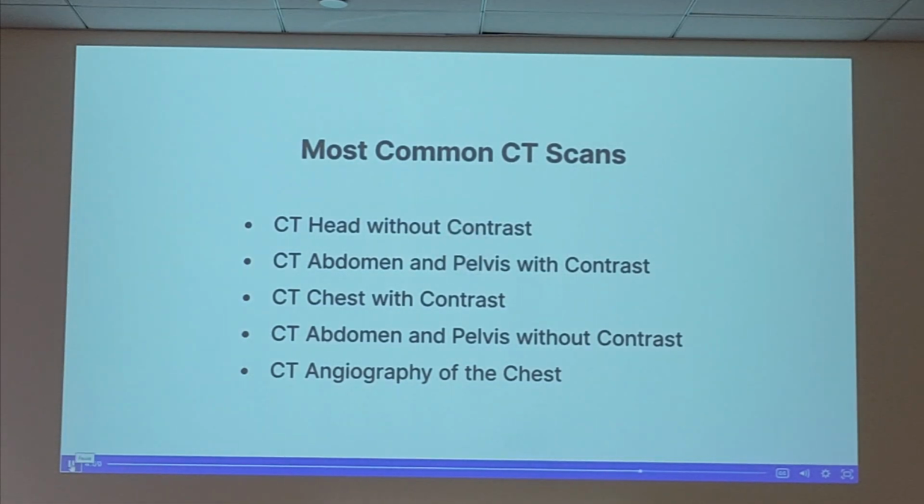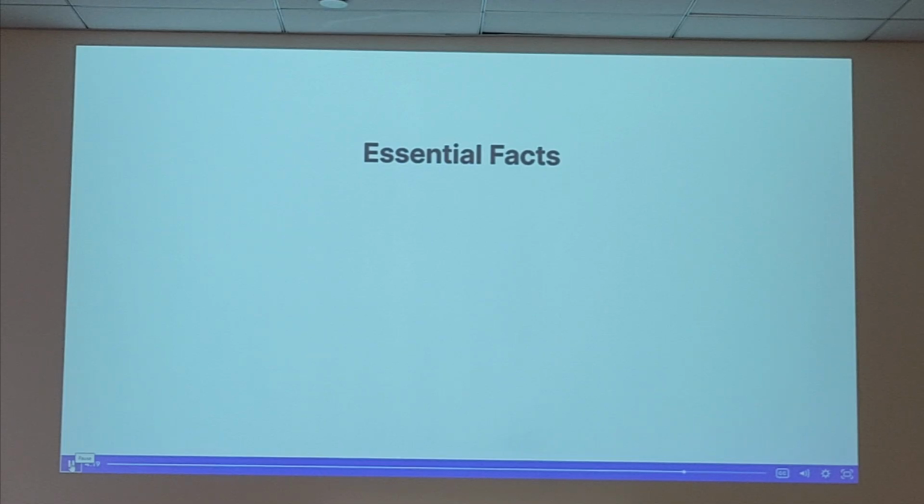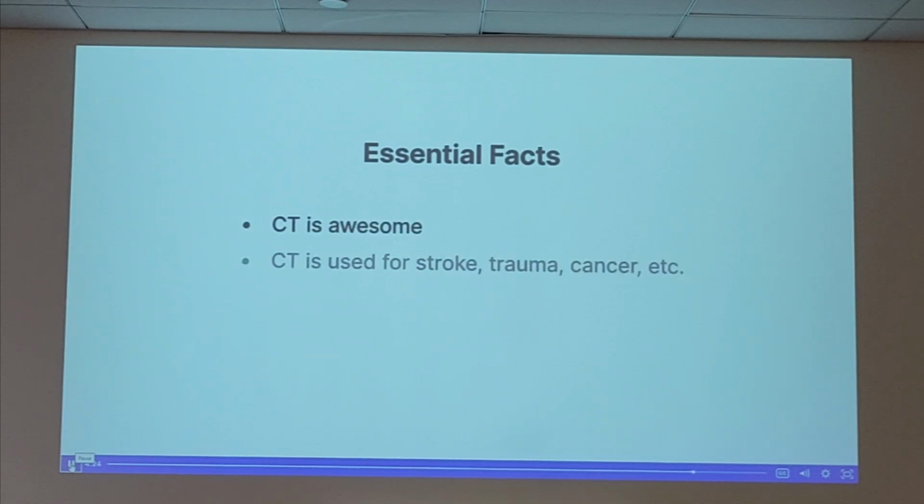CT of the head without contrast by itself represents nearly 25% of all CT scans performed at most institutions. CT of the abdomen and pelvis with contrast represents about 20% of all CT scans. So here are the basic facts that we need to know about CT. Number 1, CT is awesome. Secondly, CT is used for a number of indications, but it's especially important for stroke, trauma, cancer care, and several other factors.